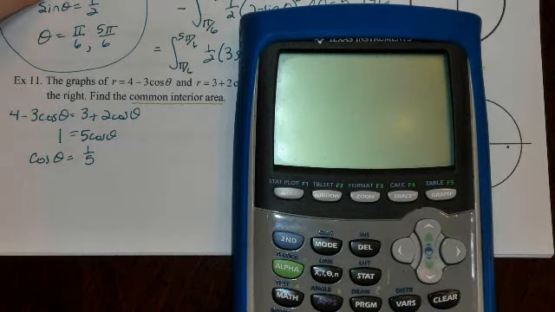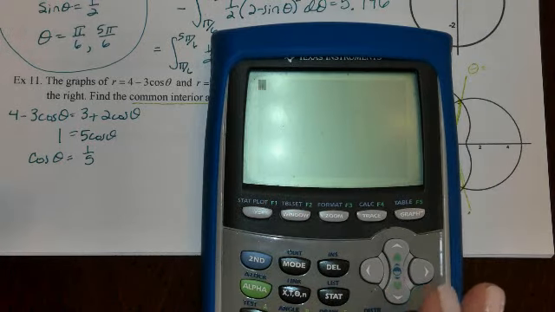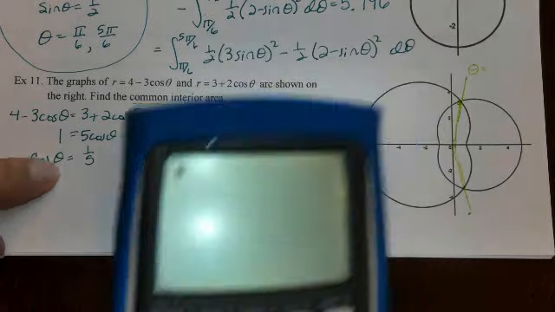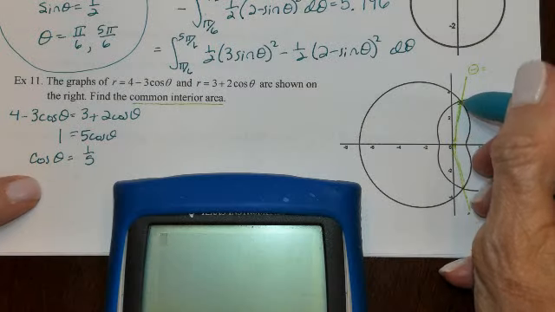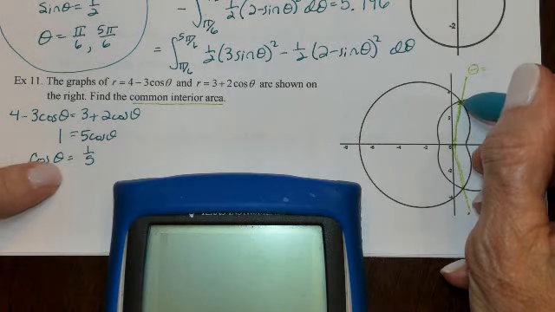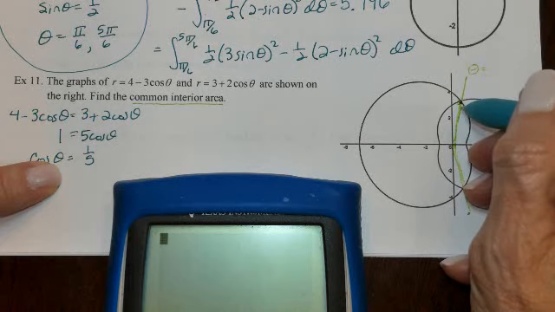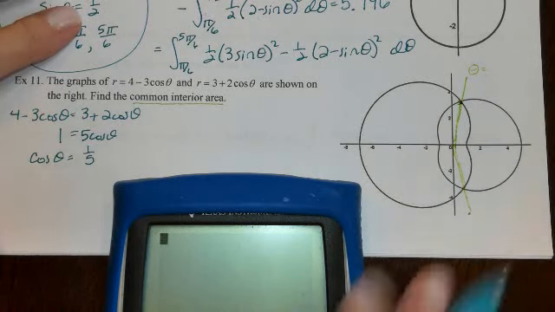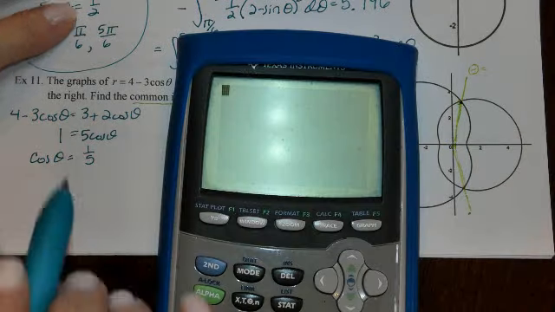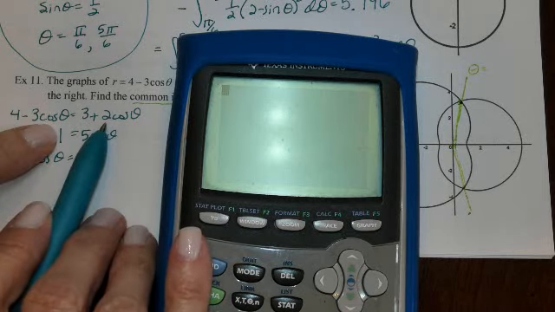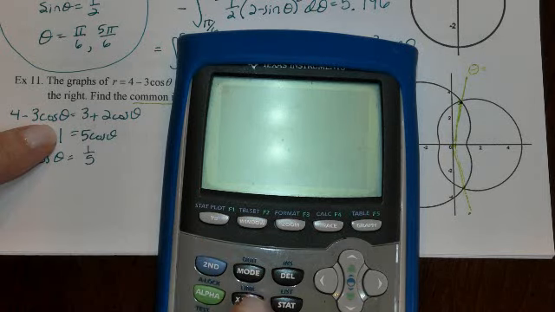So I need a calculator to find that theta intersection point. You can do that a couple of different ways. In this case, since I really only want this one, I'm just going to use arc cosine, because it'll give me that first positive value. You could also set the two graphs equal and find where they intersect using function mode.